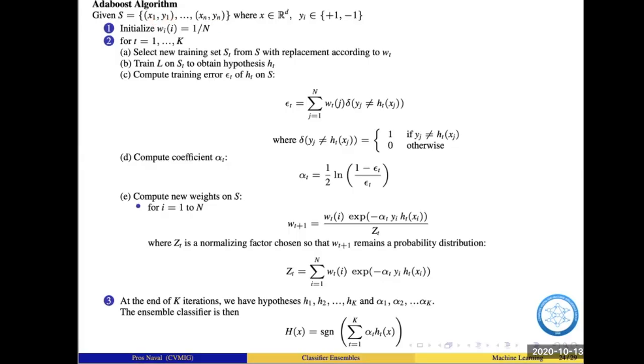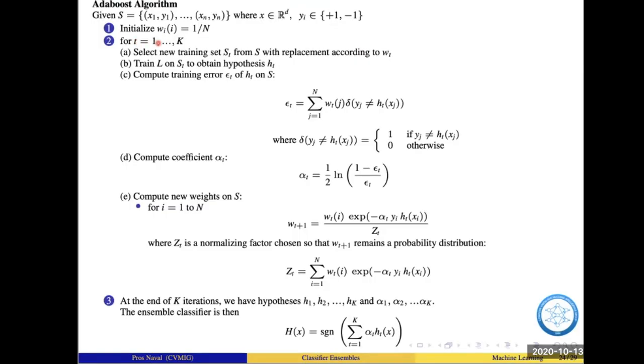So you have n, small n of these similar examples, where x here is a feature vector with the elements. Y is the label, which just has two possible values, +1 or -1. We initialize our W vector to 1/n. This is our uniform distribution.